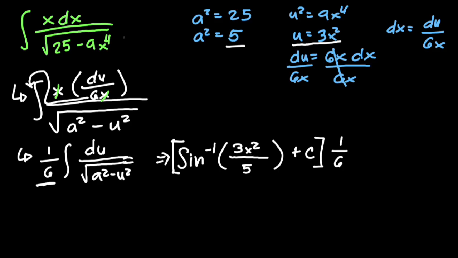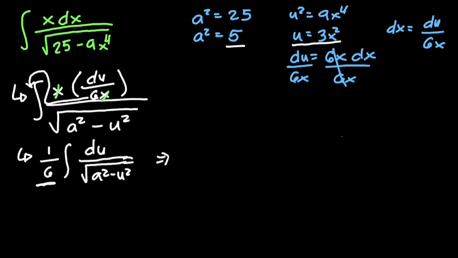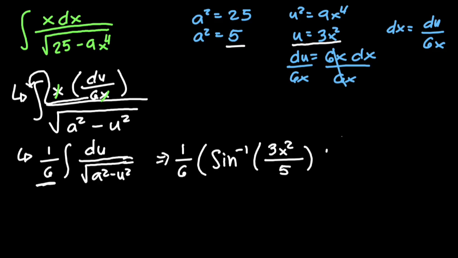So the final answer can be, let us just rewrite this. So it would be 1 over 6 multiplied by arcsin of 3x squared over 5 plus c.